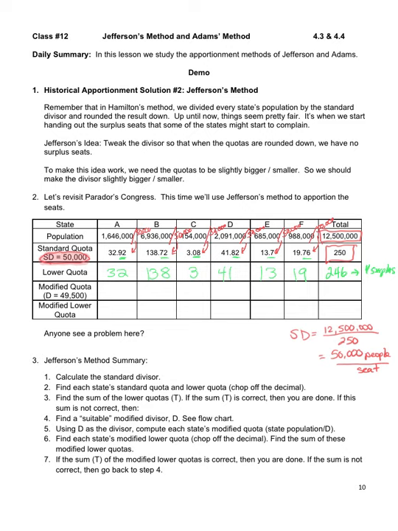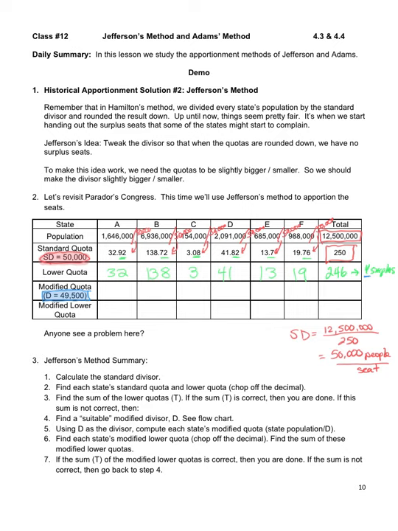All right, so Jefferson's, instead of doing that, Jefferson recognized that 4 of those states would be happy and the other 2 would not, because we have 6 states. He decided that we would tweak the divisor instead. So if we use a divisor of 49,500 instead of the 50,000 above, we won't have any surplus.